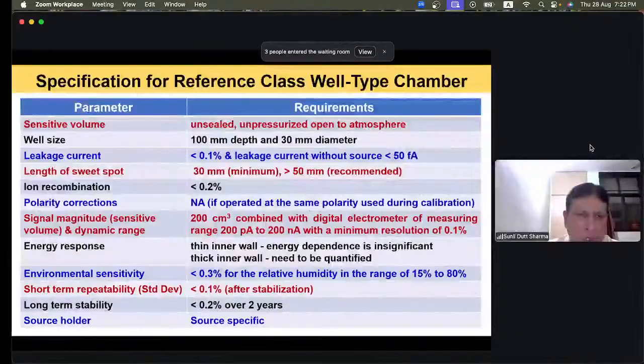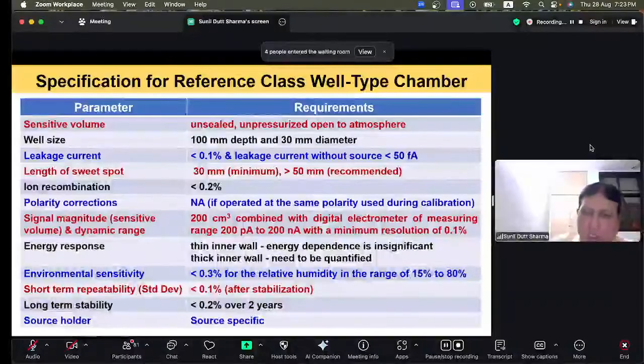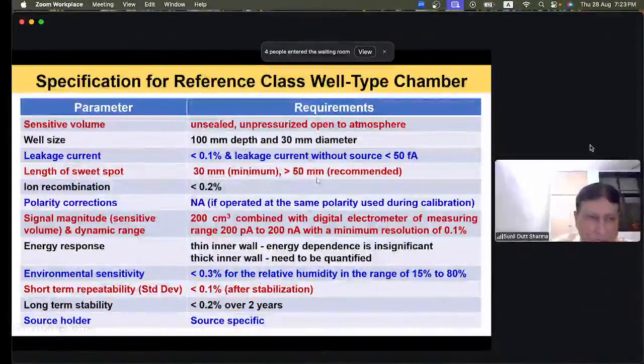So those regions or spots are called sweet spot. So usually we have to scan the whole bell and find out the position of the sweet spot. It is recommended by this report that the length of the sweet spot should not be less than 30 millimeter, because if it is very narrow, then it will enhance the uncertainty because of the position of the source. And ideally, this length shall extend up to 50 millimeter.